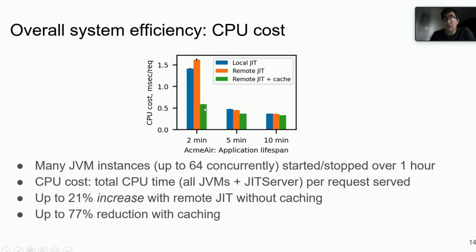However, the moment you add the cache, we don't have to perform all the compilations again and again. We can serve directly from cache, and we can save a lot of CPU. So there is a significant improvement in CPU consumed with the addition of the cache. That number comes up to be up to 77% smaller CPU cost with caching.